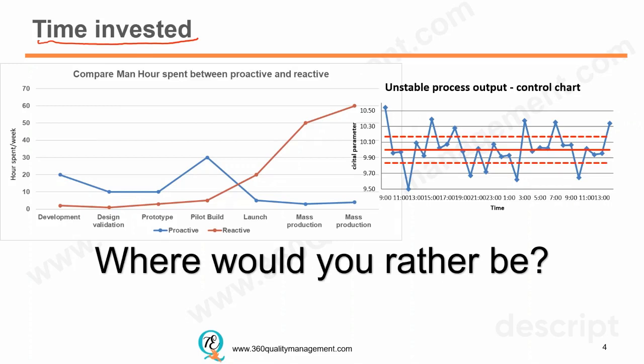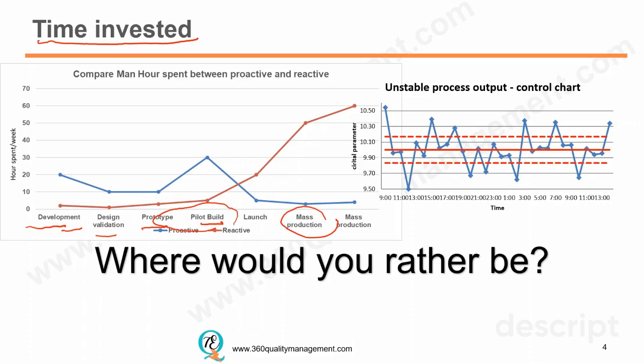Proactive means that time is spent upfront in the early stage of a product life cycle, such as development, design validation, prototype, and even pilot build, to plan in quality and analyze the potential risks of the product, followed by monitoring closely the performance of the key metrics in each stage, and fine-tuning the process before mass production.